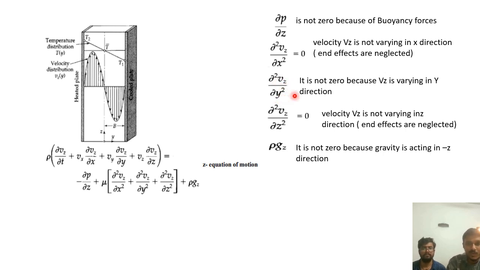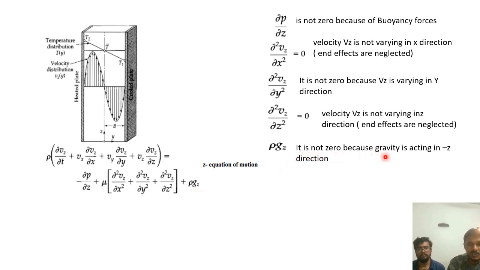Dou square Vz by dou y square is not zero because Vz is varying in the y direction. Dou square Vz by dou z square is equal to zero because Vz is not varying in the z direction and end effects are also neglected. And the last term is rho gz.